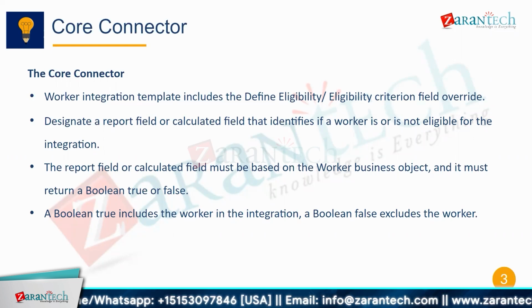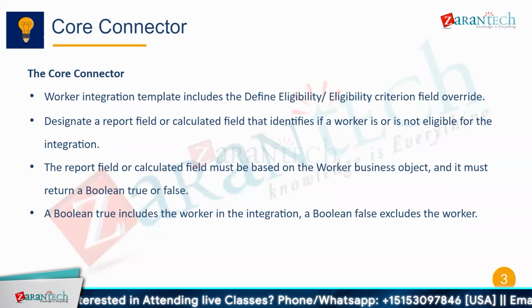For example, I just gave examples like pay group, location, management level, or any kind of eligibility criteria that you may want to set up as a true or false condition, whether it's, say, is manager equals true.